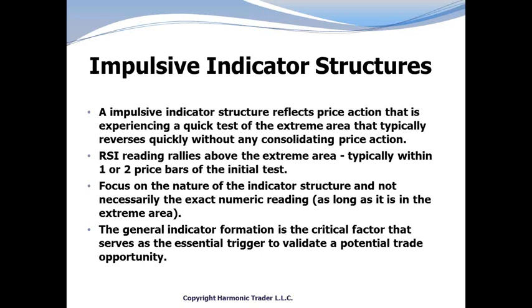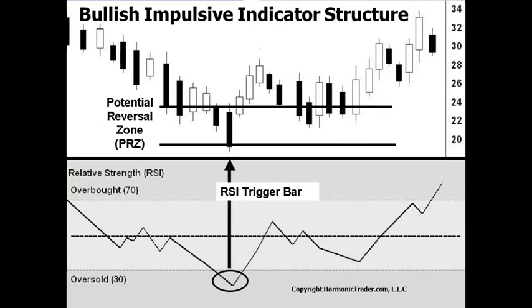It's important to focus on the nature of the indicator structure and not necessarily the exact numeric reading, as long as it's in the extreme area. The general indicator formation is the critical factor that serves as the essential trigger to validate a potential trade opportunity.